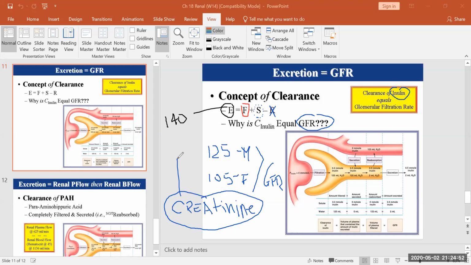The reason why we do this quick and dirty method is that we don't need to give the patient anything, since it's already produced by the body. It doesn't give as accurate an estimate as inulin, but it doesn't involve an invasive procedure to get a GFR. So when we measure the rate of excretion of creatinine, we also know the status of the GFR in our patient.